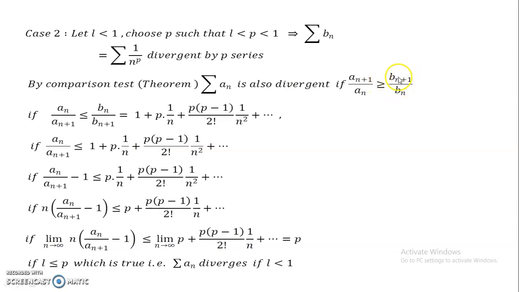Then when we compare with b_(n+1)/b_n with this series, now I would like to see the behavior of this P series, that is the expansion as done before in case 1, so that we took it here. So then we have this a_(n+1)/a_n in this form, and when I take the minus 1 to this side, it becomes a minus in this form, and the remaining term should be in this form.